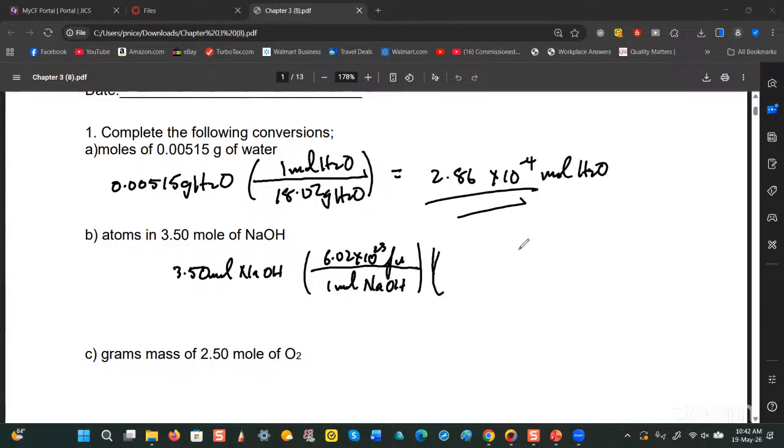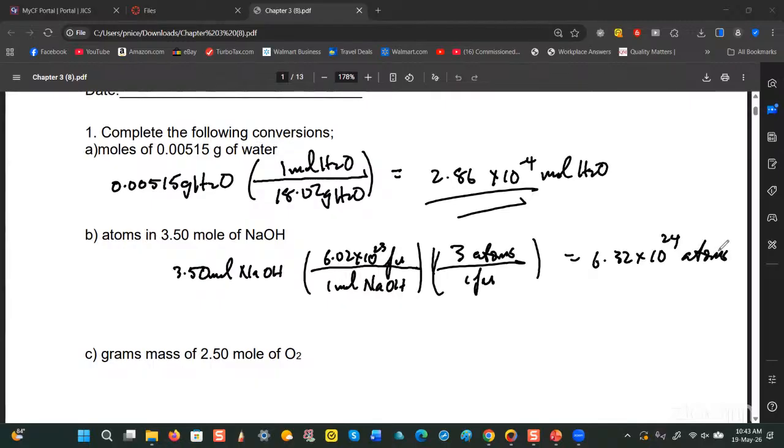And then I'd multiply this by 3 atoms over 1 formula unit. And that would give you the answer, which is, okay, so the answer I got is 6.32 times 10 to the 24 atoms.